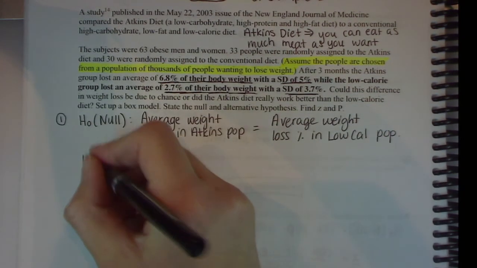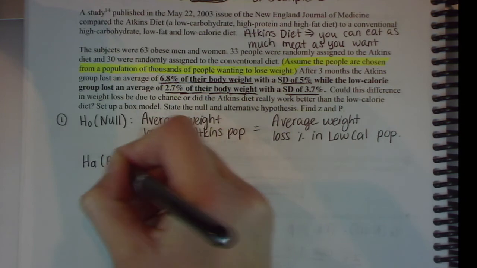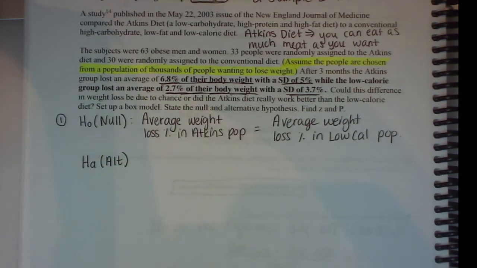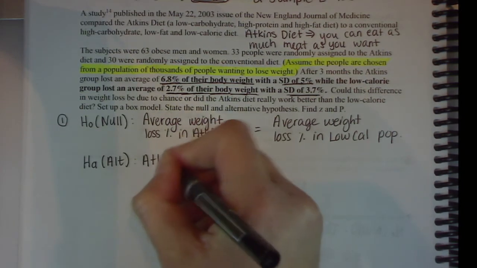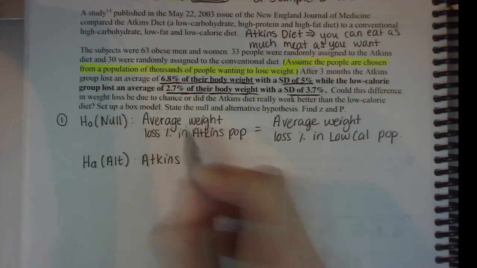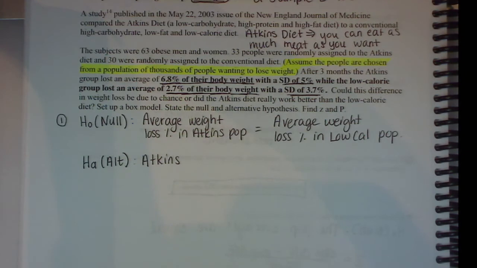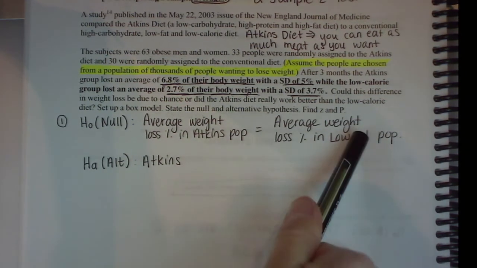The alternative is saying, okay, we found evidence in our sample that the Atkins diet works better. So I'm going to say the average in Atkins is greater than the average in the low-calorie one.